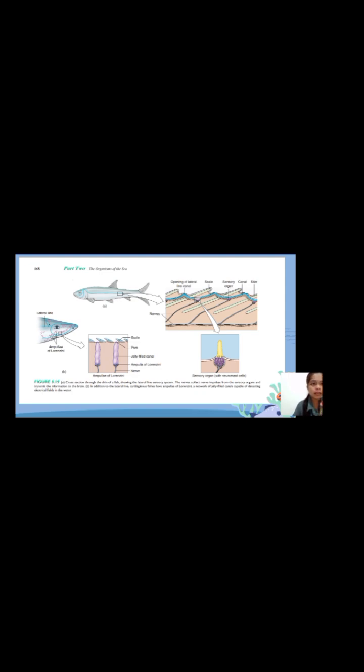As you can see here, the ampullae of Lorenzini has scales on the outside, then pores, then the jelly-filled canal, then the ampulla of Lorenzini and the nerve. So its function is to detect prey and to detect electrical fields in the water.